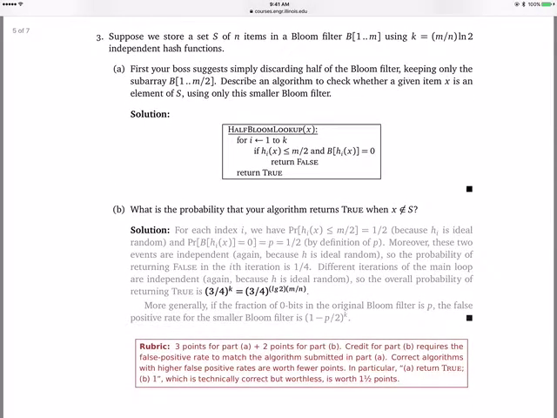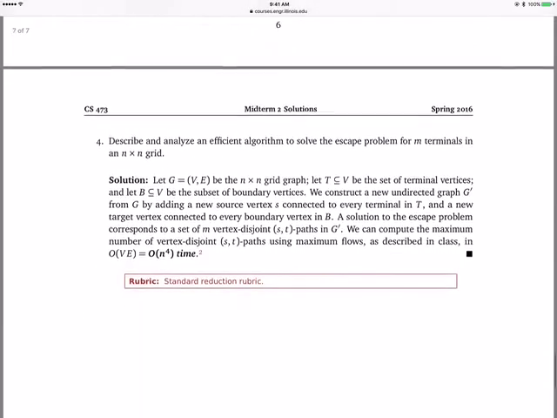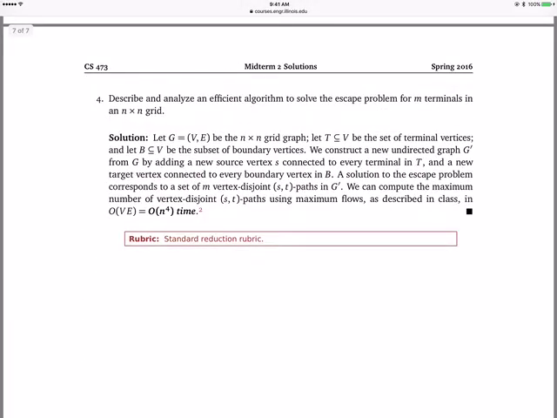And then I suspect that people are going to do reasonably well on problem 3, reasonably well on problem 4, because that's just add a source, add a target, disjoint paths.